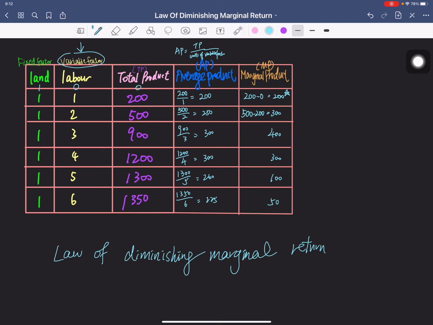So the law is, in the short run, when more of the variable factor keeps being added to a given quantity of a fixed factor, our marginal product will ultimately decrease.